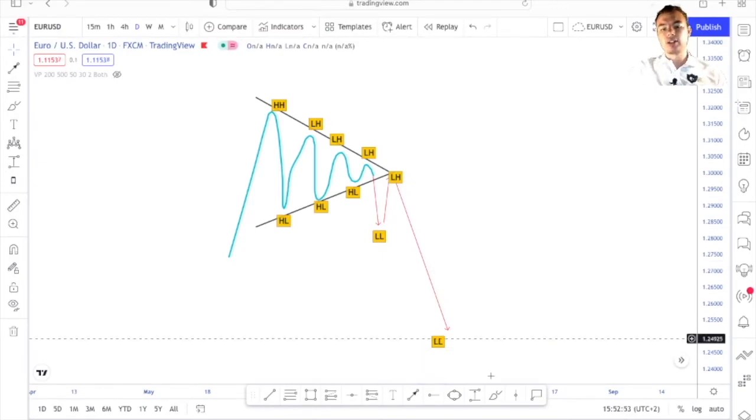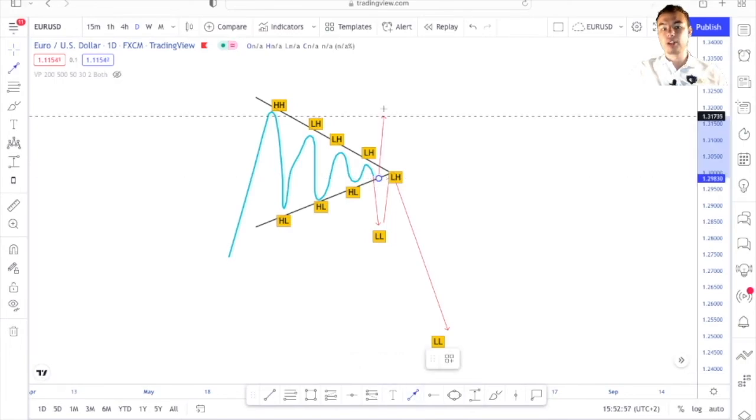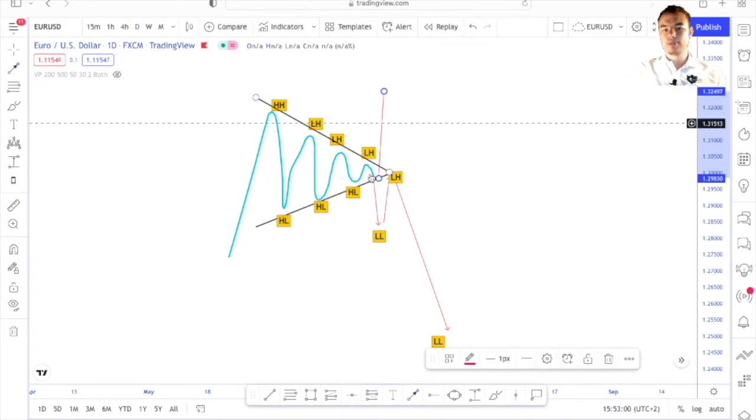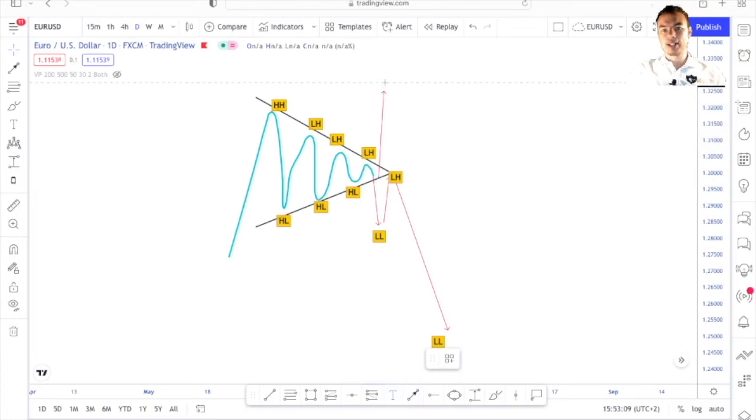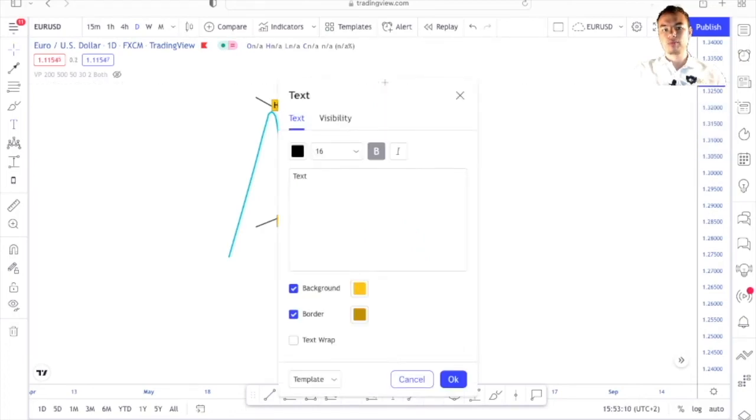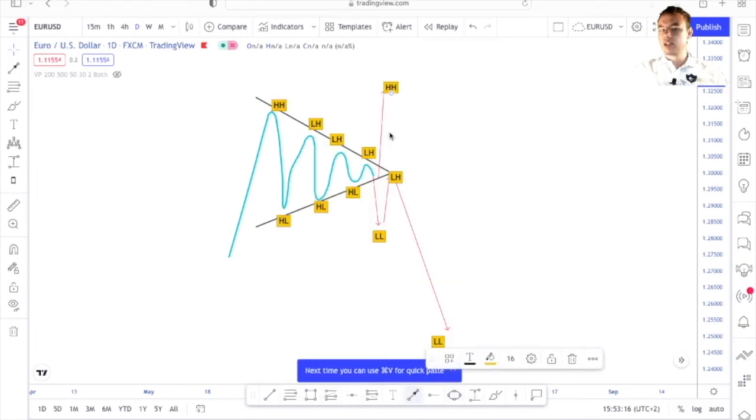The second scenario is it can break above, passing all of this. This is just to trick you. In the paid course, I'll explain how and why. So it'll make a higher high, higher high. Then it will come down to retest the trend line.